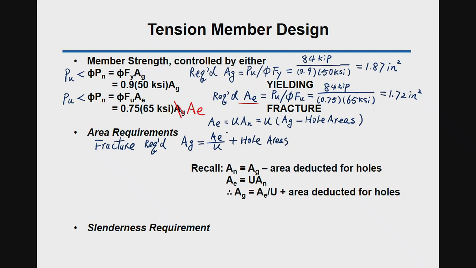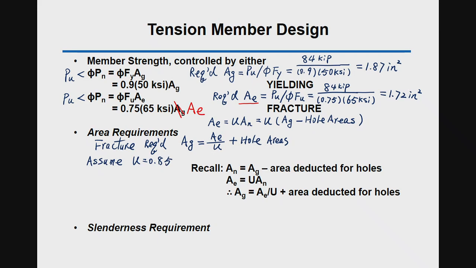We don't know U yet, and the hole area we don't know yet, since we need to determine how many bolts we want to use. So here we just make an assumption and check later. Assume U equals 0.85.